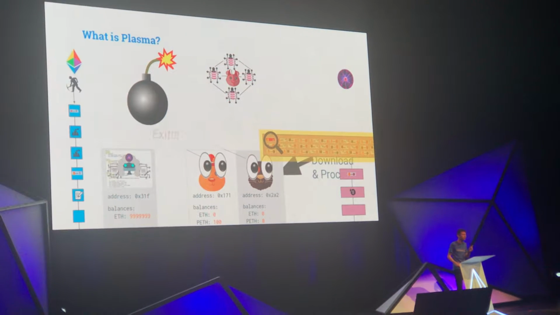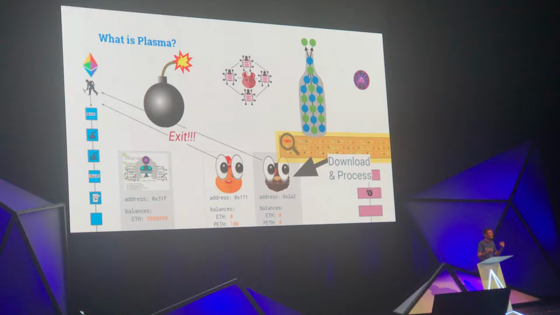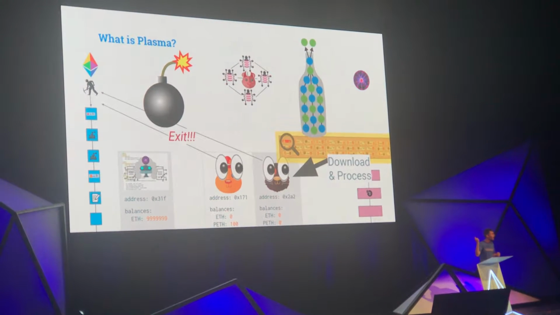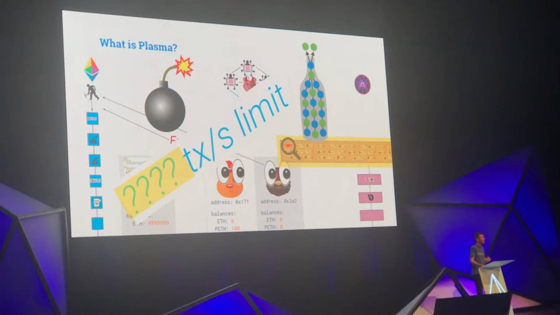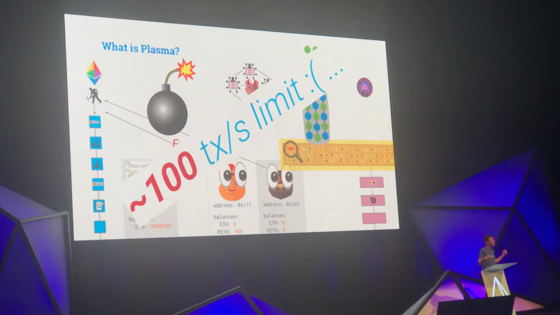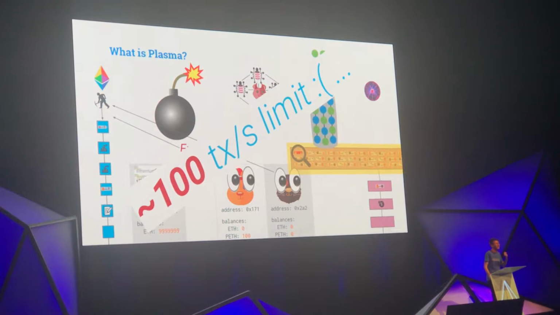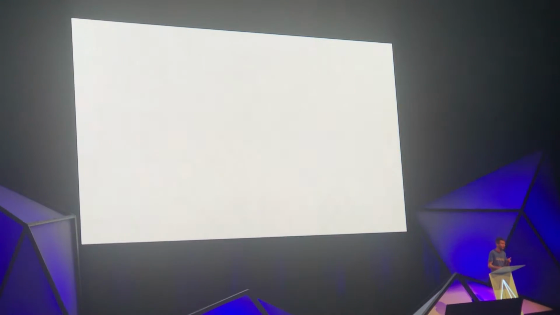This is a serious problem because it's great that they can exit, but downloading and processing every single block, if those blocks get really big, creates a huge bottleneck. And so instead of getting tons of transactions per second, we have to download everything. That means maybe 100 transactions per second, maybe 1,000 transactions per second, but it's very limited by the client's ability to download the transactions.